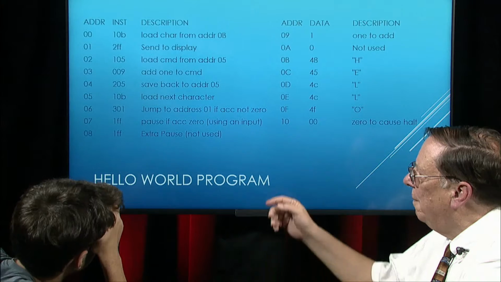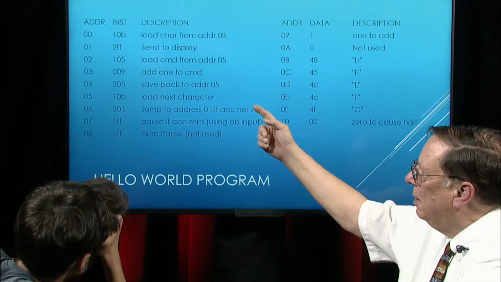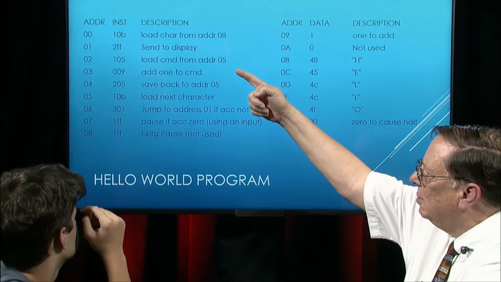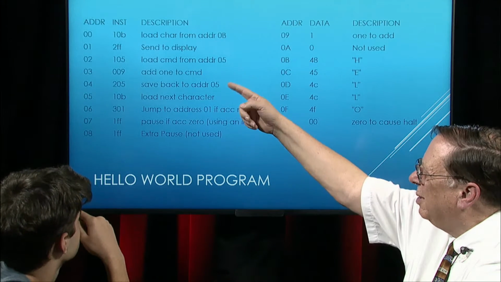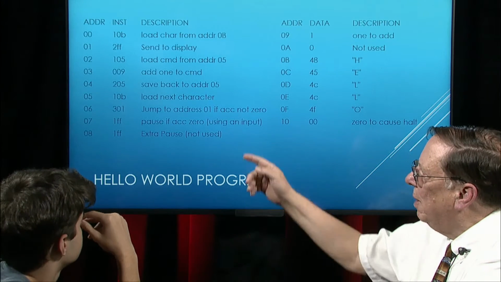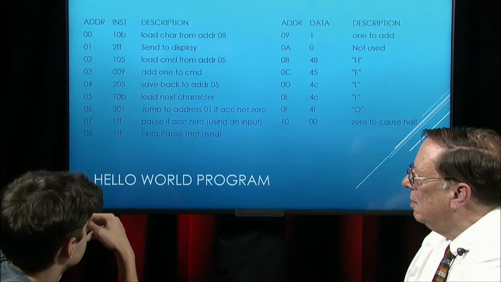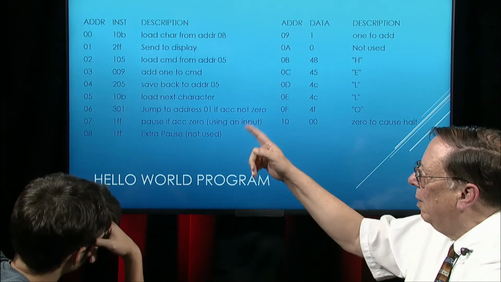And then, instead of jumping back to 0, 0, because we're not going to want to use that 10B character again, it's kind of out of date, we jump back to memory location 1 if the accumulator is not 0. And then we keep running through here.